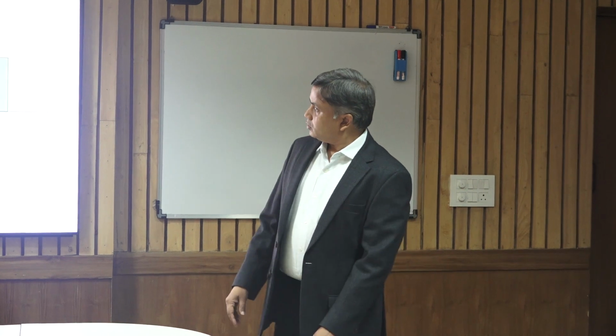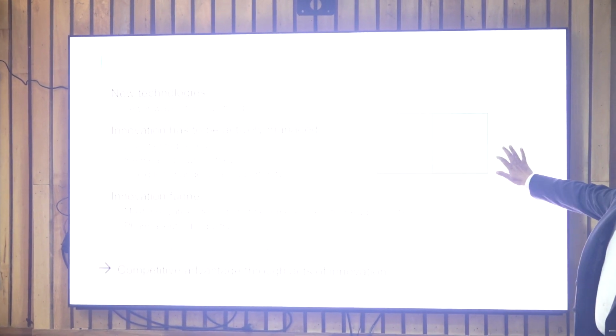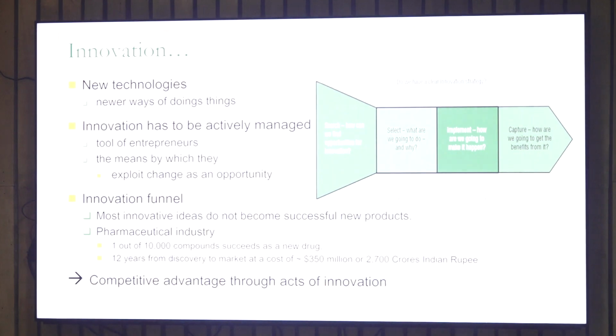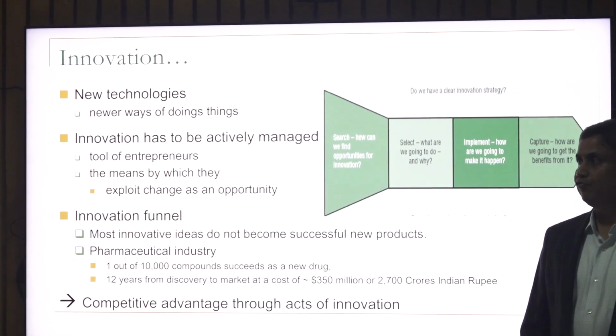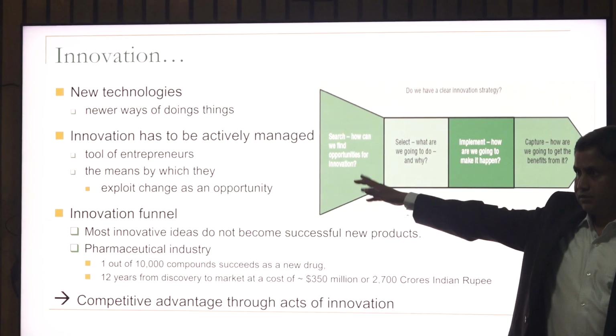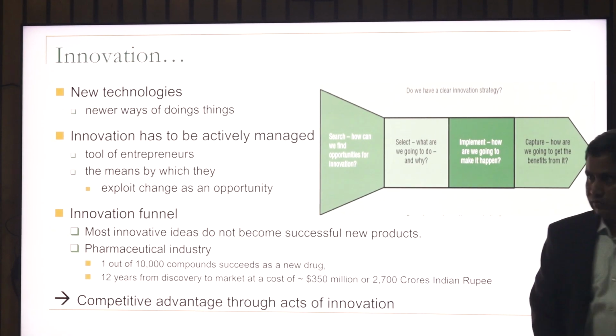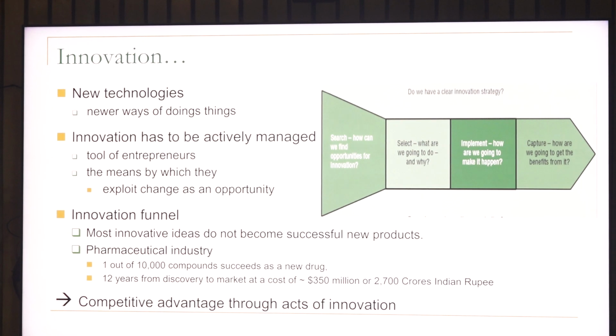Then when we talk about innovation, we visualize innovation, or any technological solution, in terms of what we call the innovation funnel. It is the shape of a funnel. So here we have a lot of ideas, a lot of opportunities in the market. Based upon opportunities, based upon given technologies, we generate alternative solutions.